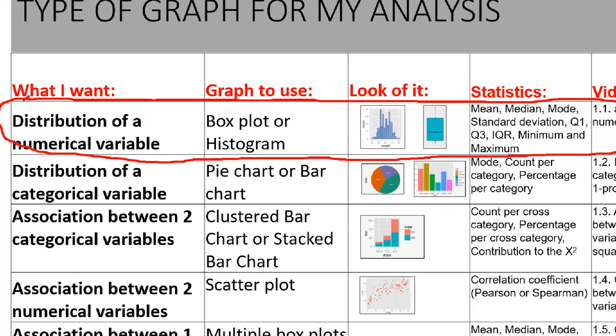It depends. You have several data sets in the world, so you will have several ways of measuring and representing the distribution of a numerical variable. So let's get started.